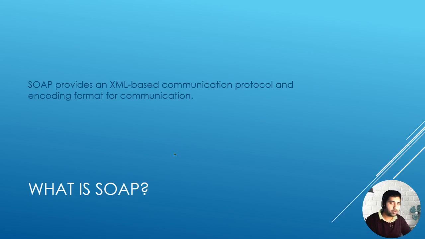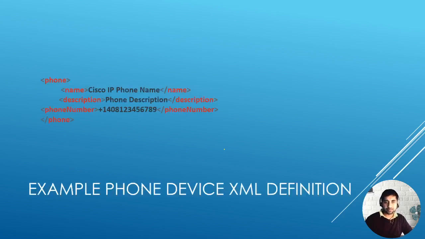I already talked about SOAP. I already talked about AXL. Let's talk about XML. So what is XML? XML is nothing but the Extensible Markup Language. And what does it contain? Let's say this is a phone definition in the form of XML code. This is how you write XML code between the tags.